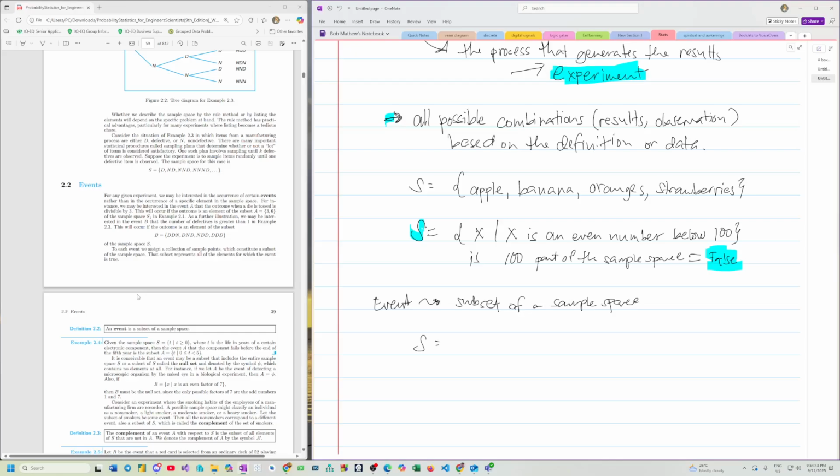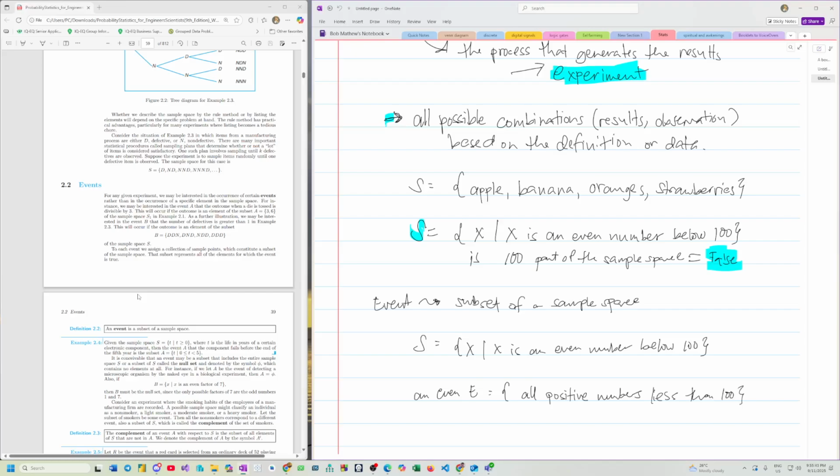S is equal to X such that X is an even number below 100, and we say that an event E is defined as, for example, all positive numbers less than 100.